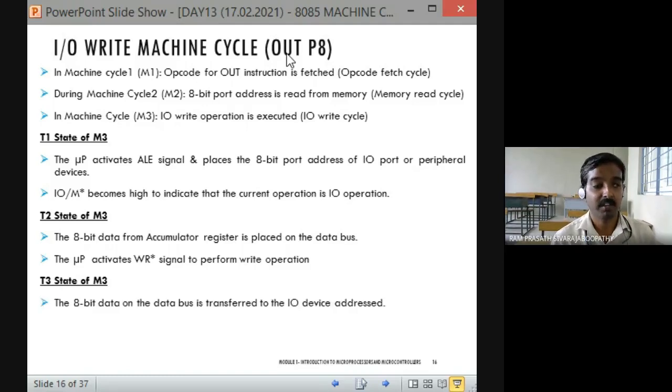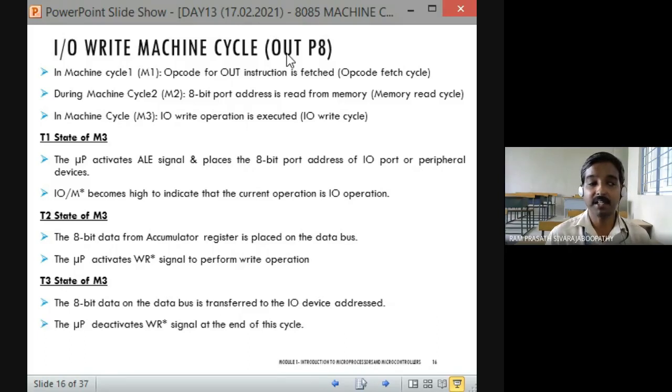The 8-bit data on the data bus is transferred to the IO device address. That's all. So totally it takes 3 T states for the IO write cycle, which is the third machine cycle of the OUT PA instruction. That's the IO write machine cycle. After writing, the write bar signal gets deactivated.